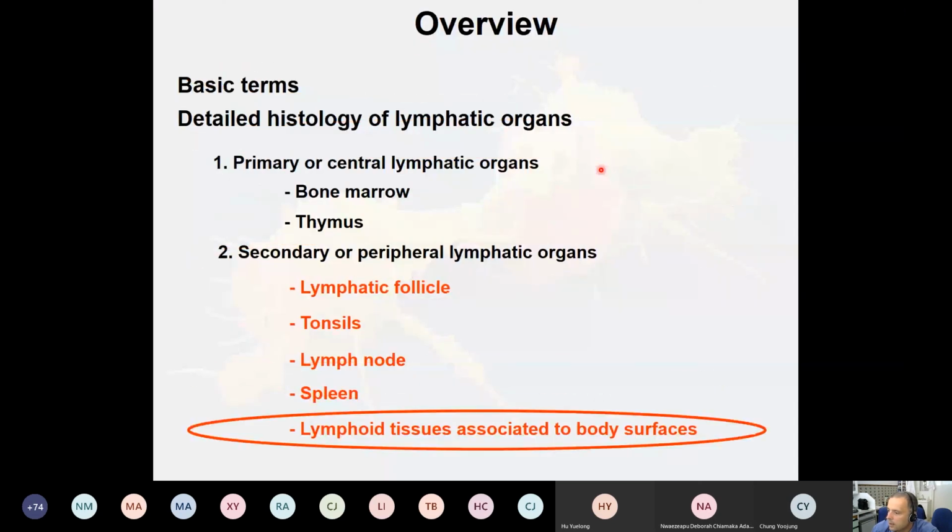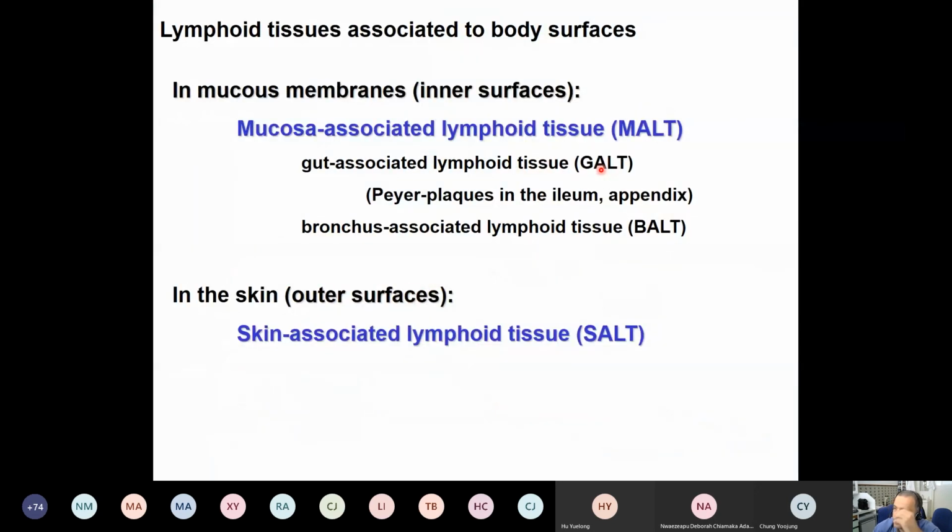Okay, we are almost out of time, so therefore, I just want to say one sentence about the body surface associated lymphoid tissues. We have those associated to the mucosa, to the gut, and to the bronchi. And also we have immune cells in the skin. I mentioned last time the Langerhans cells.